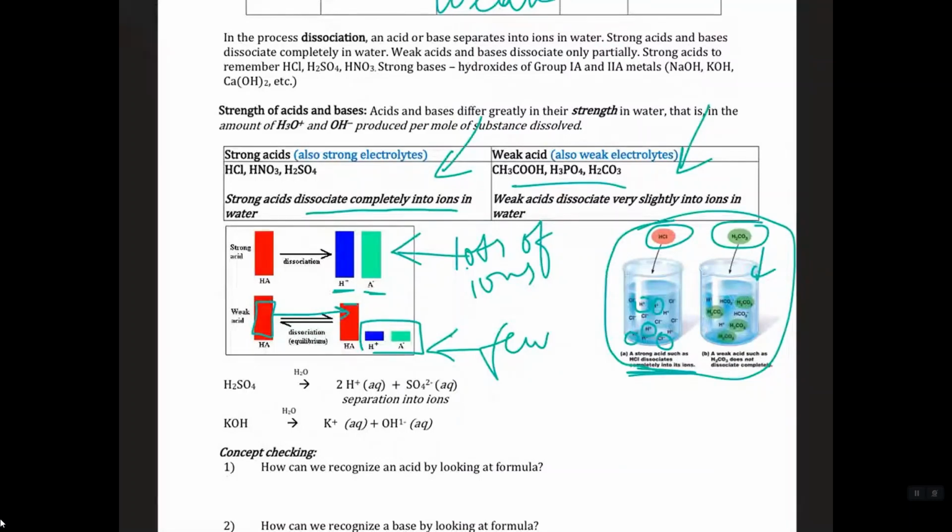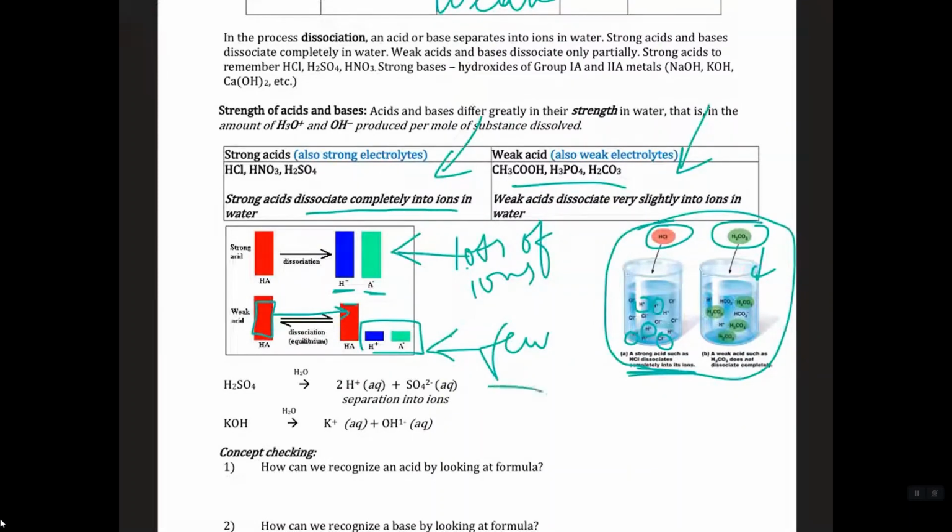So we already are familiar with reactions of dissociation when we were showing how ionic compounds break down into ions. Same idea as here, except now we're looking at acid, and hydrogen in this case is going to act as a metal, and it's also going to produce an ion.